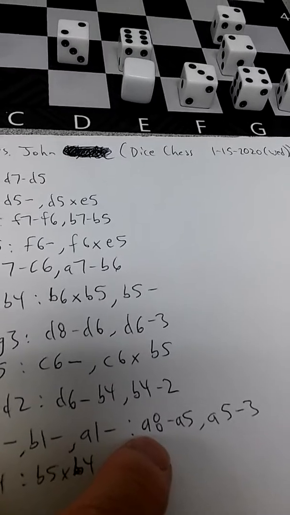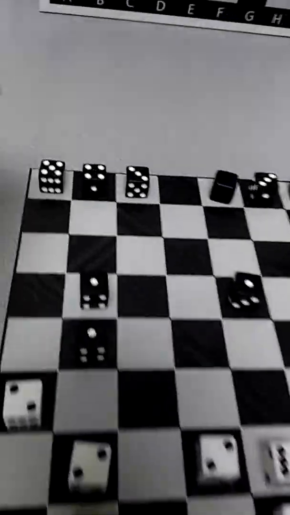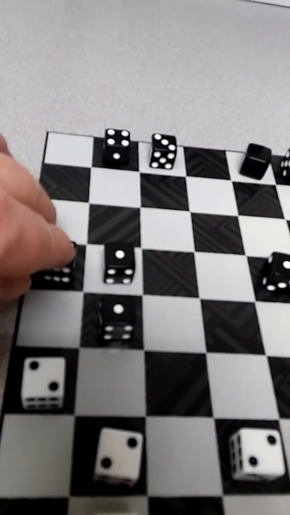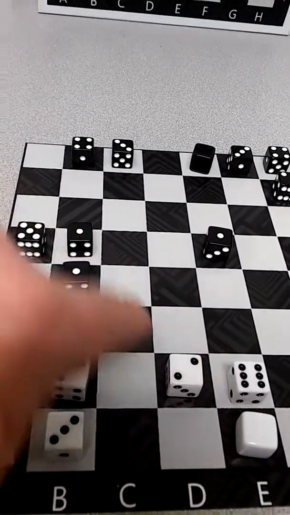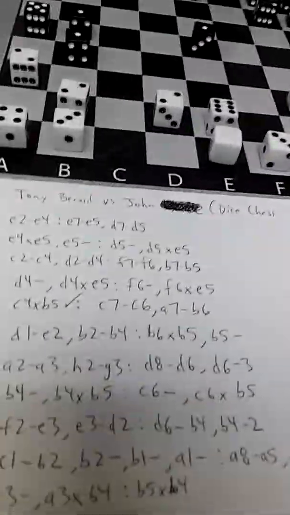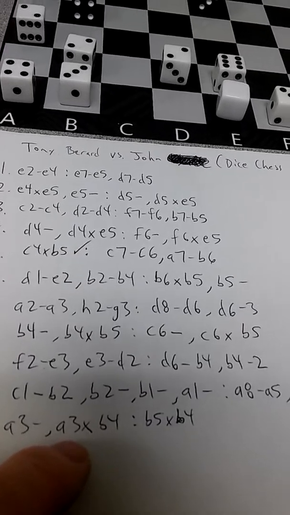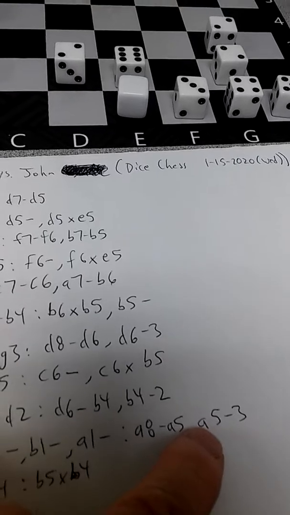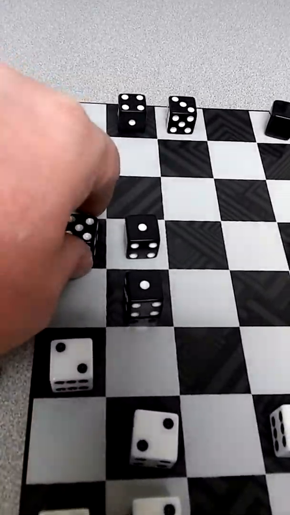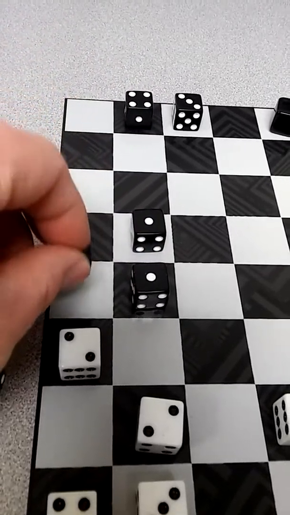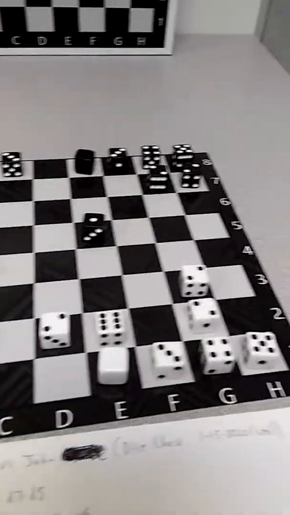Now it's his turn. He played A8, A5. A8 to A5. See, he's lining up nicely here. Although the 5 is not attacking the 2. The 1 is. And then A5 minus 3. So that brought this down to a 2. That's A4.